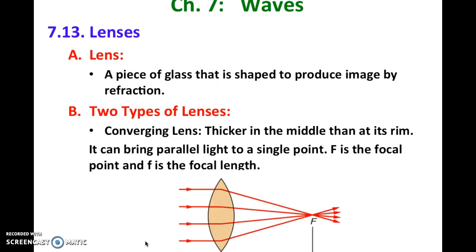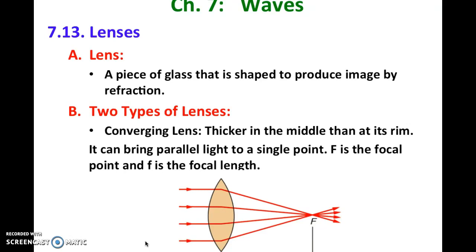A lens is a piece of glass that is shaped to produce an image by refraction. There are two types of lenses, convergent lens and divergent lens. A convergent lens is thicker in the middle than at its rim.